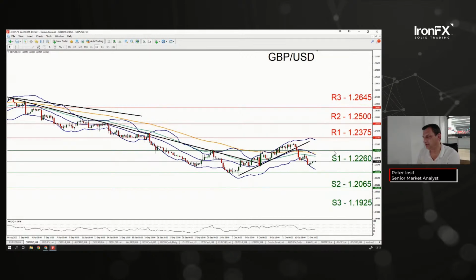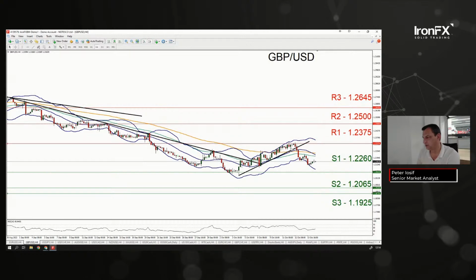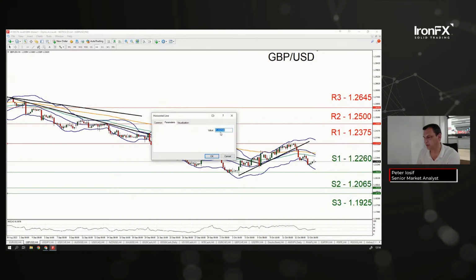Definitely we will be needing a new ultimate support line, but I will be lowering the R1 to meet this level here, this peak here. I think that would better reflect the current price action of cable, and that's being set at 1.2325.